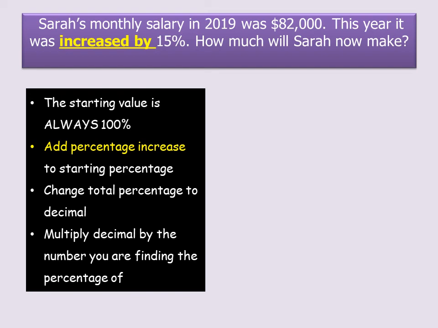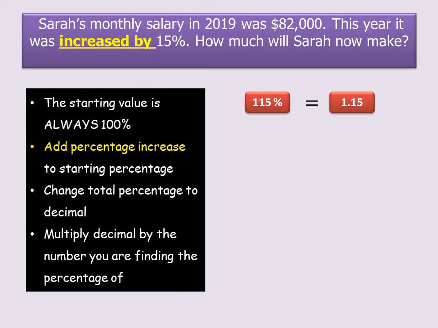So we start off with the full 100 at all times and it was increased by 15%. So adding 15 to 100 gives us 115%. Then we're going to change our 115% to a decimal. So changing it to a decimal is 1.15.